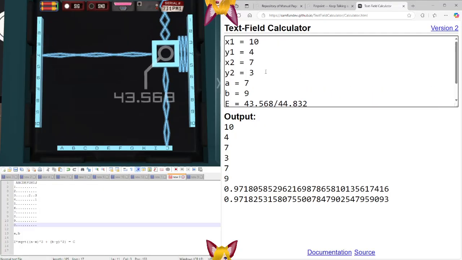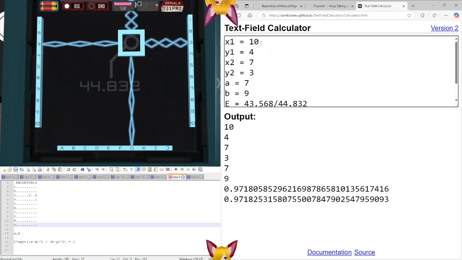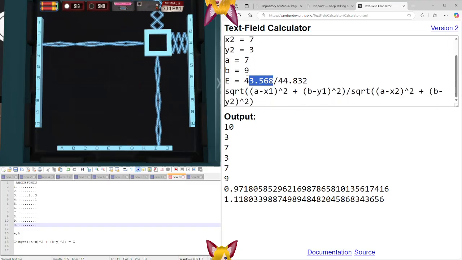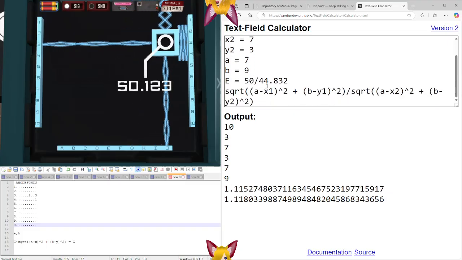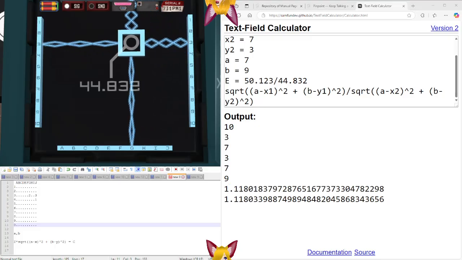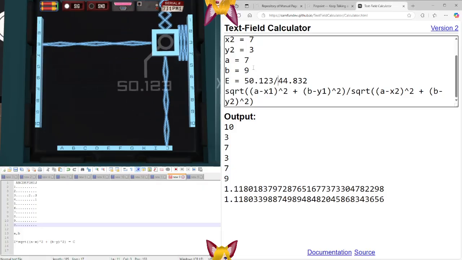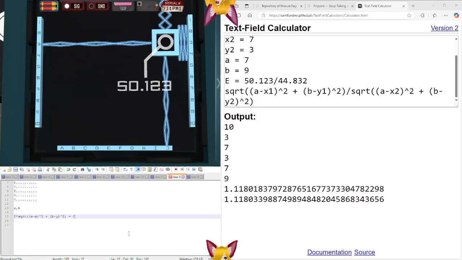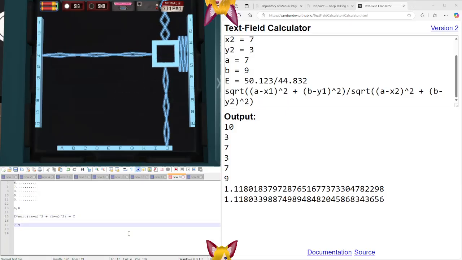So let's look at J3. .123. Okay, within a reasonable amount of accuracy again. Meaning, again, we can probably be safe to assume we've found the right point. Translating that back. 7, 9. The second one is always going to be the same as the number.